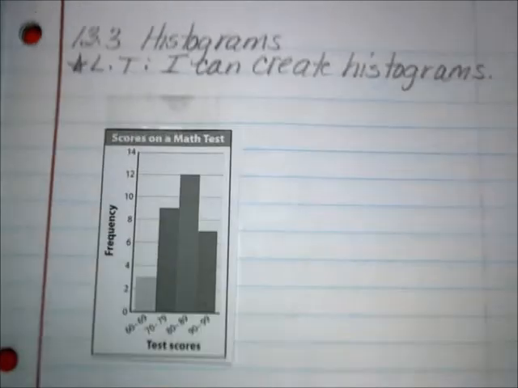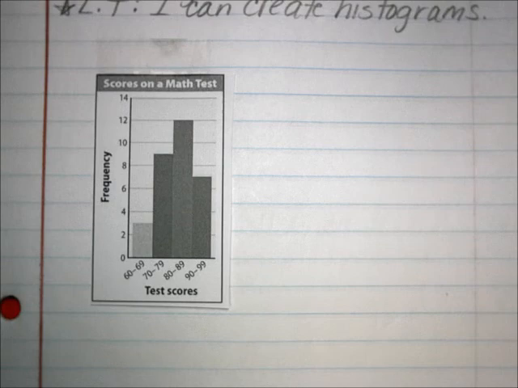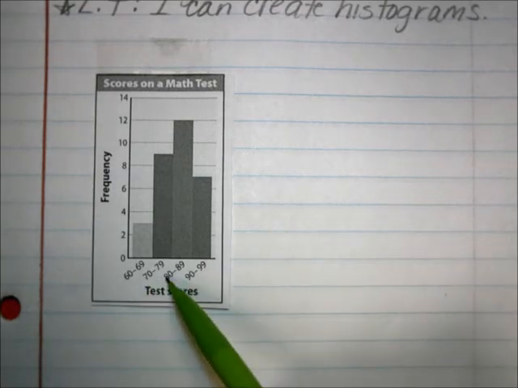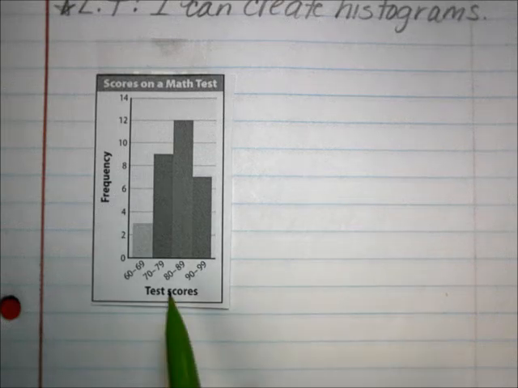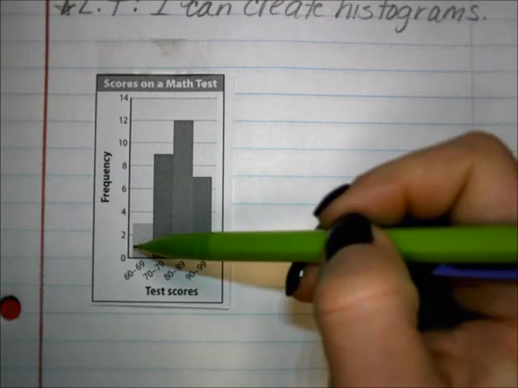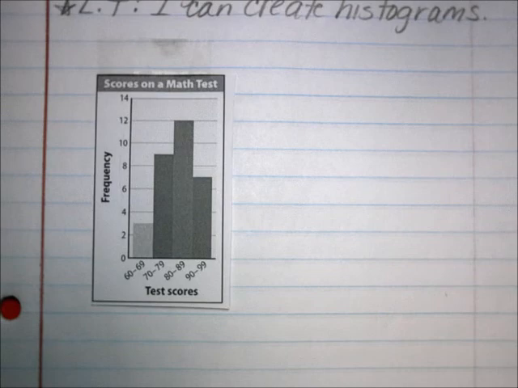The first histogram that I want you to look at is about the scores on a math test. Now, a histogram deals with categories or intervals of numbers. If you take a look at the axes, on the y-axis, we have the frequency of something occurring. Frequency, remember, means how often.